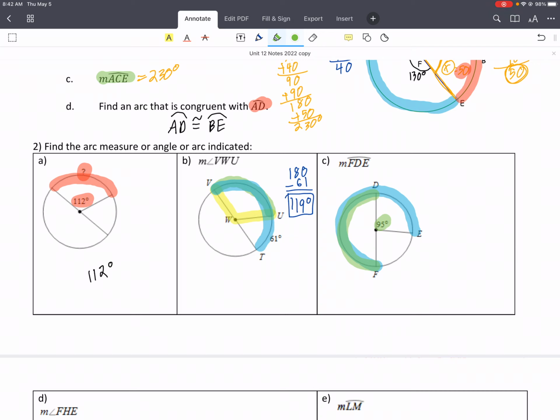It's a semicircle, and in the semicircle, it's 180 degrees. So we got to do 180 plus 95, and that gives us 275 degrees. Ta-da!